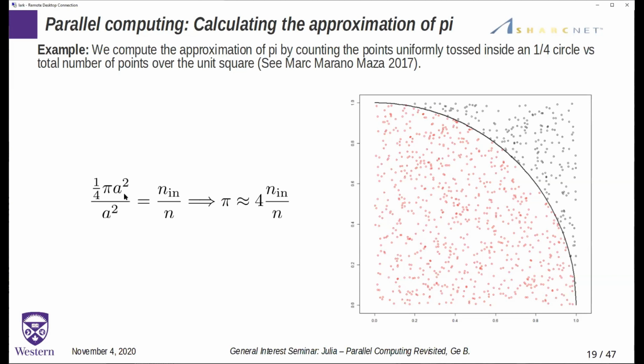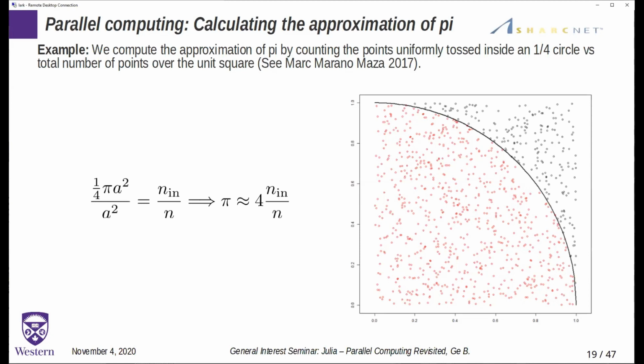Next, let's take a look at an example of computing pi in more detail in a distributed manner. What we're going to do here is compute an approximation of pi by tossing points uniformly in this square.